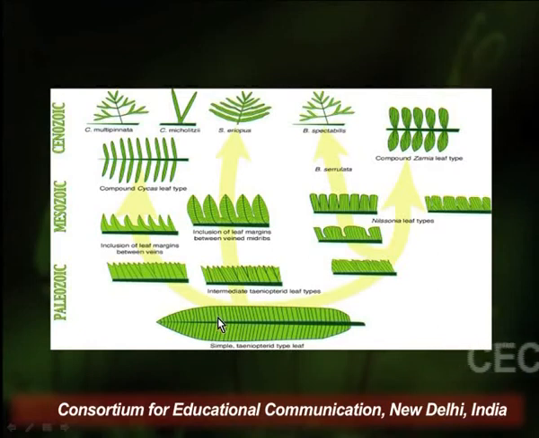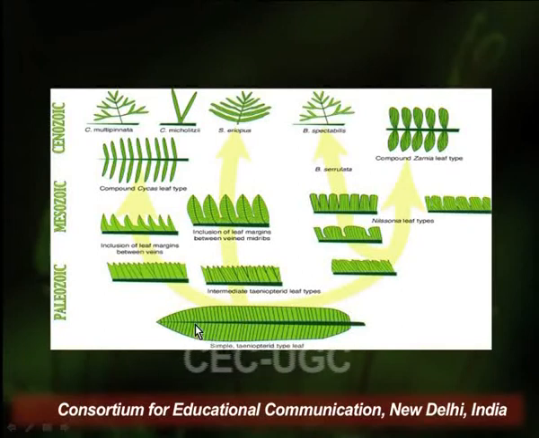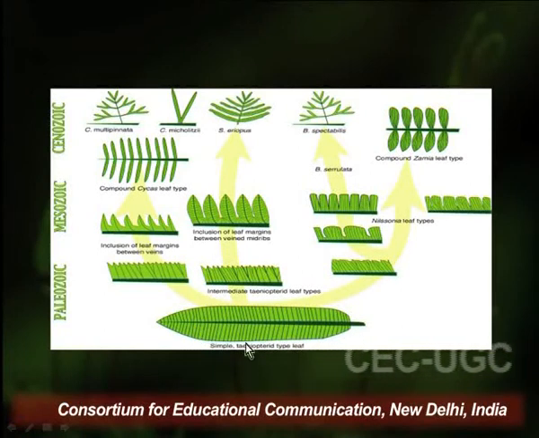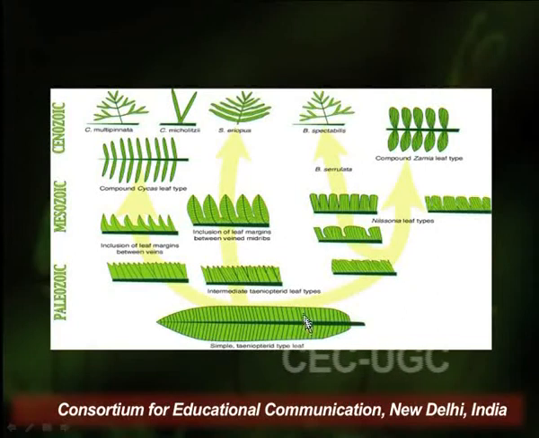This diagram is also very interesting because it also shows the evolutionary aspect of the development of leaf. During the Paleozoic and late Paleozoic era, the leaves mostly were simple in nature. So the lamina was entire and intact, and there was a single midrib, and from this single midrib the lateral veins were arising.